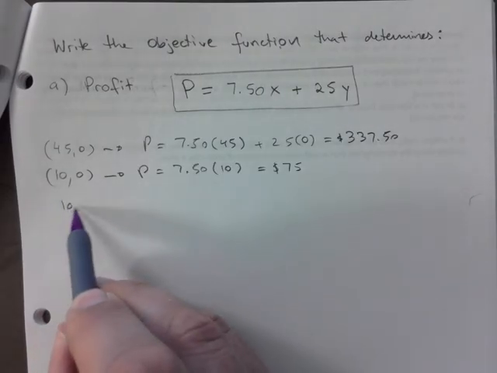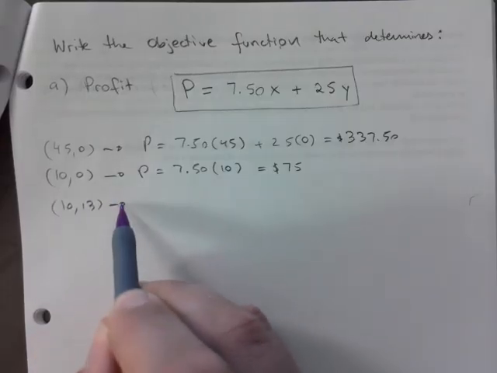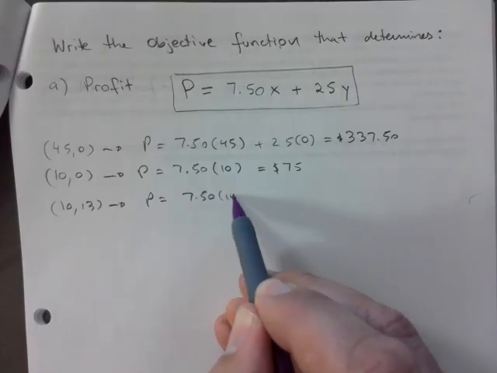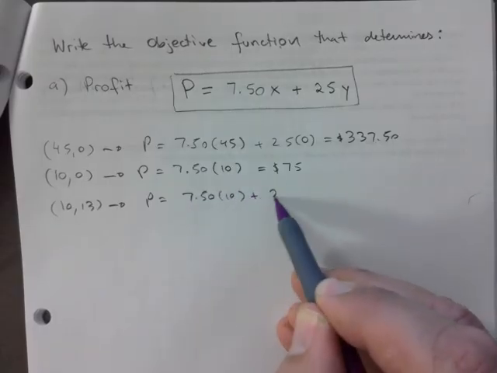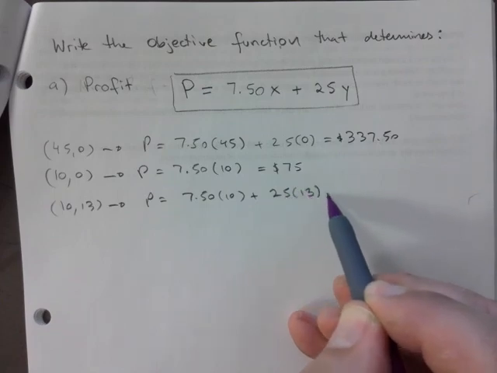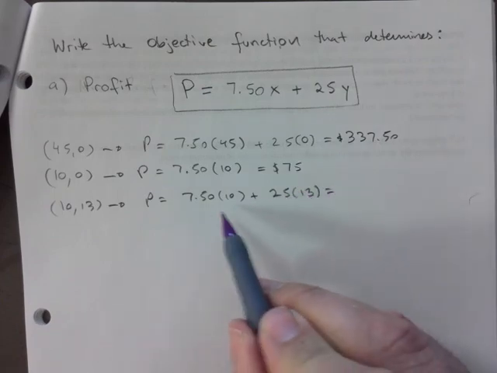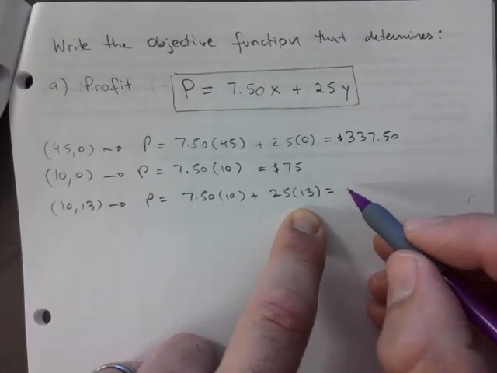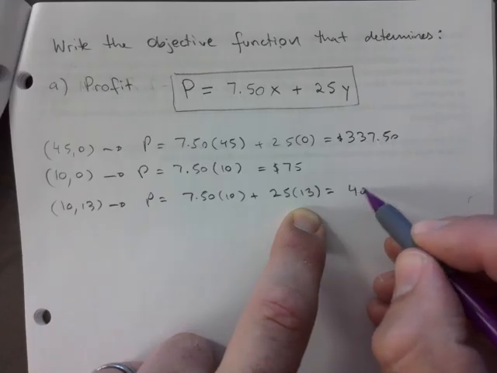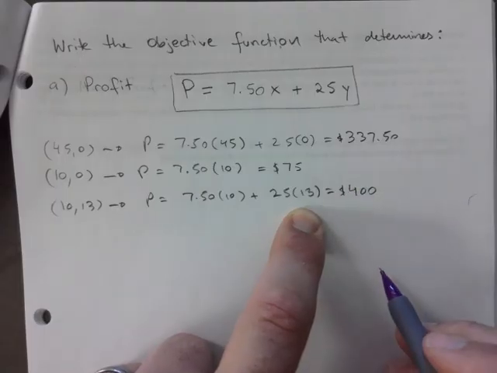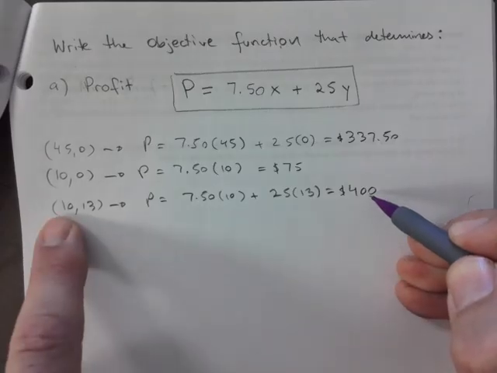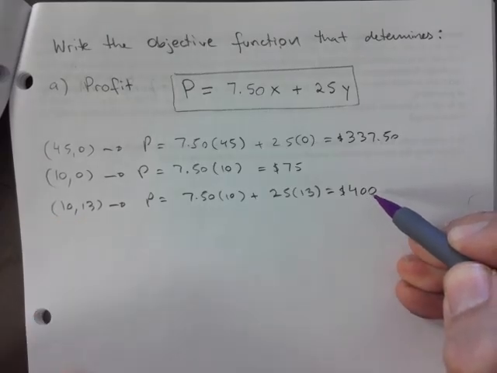Let's keep going. 10, 13. Make sure to write this down before the bell goes. Okay. 7.50 times 10 plus 25 times 13. You can plug that in as is on your calculator. You don't even have to do it in steps. And that would give you $400 exactly. So far, that one is winning, right? That's going to give us the highest profit, having 10 cars, 13 buses.